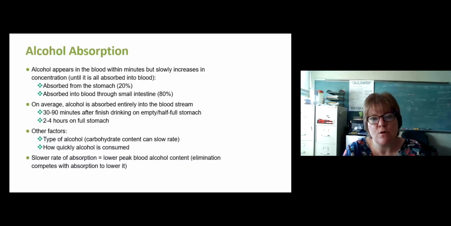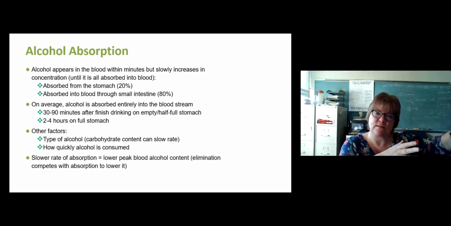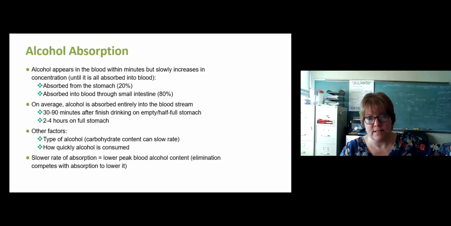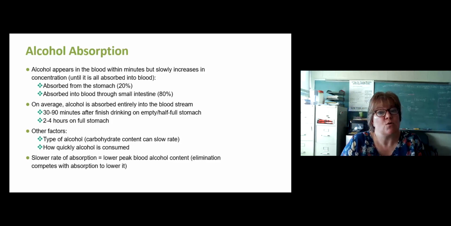We're going to talk about each of these processes one at a time. In the absorption process, the alcohol appears in the blood within minutes. Then it slowly increases in concentration. So a little bit of it gets into the blood right away, but it takes a while for it to all get into the bloodstream. Remember, it's absorbed in the stomach.